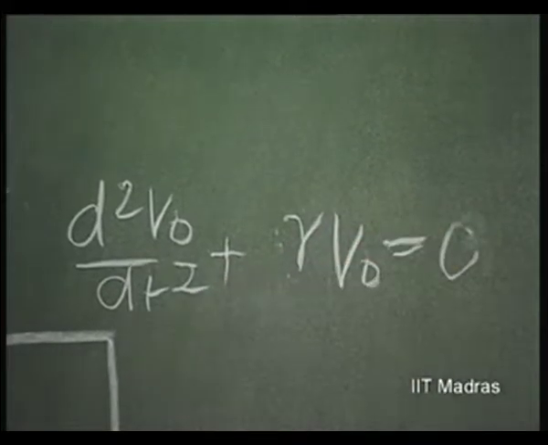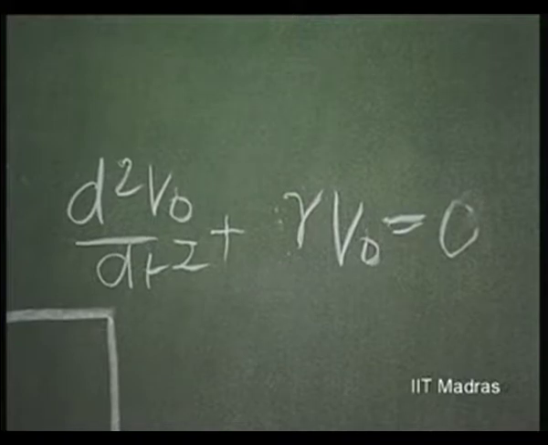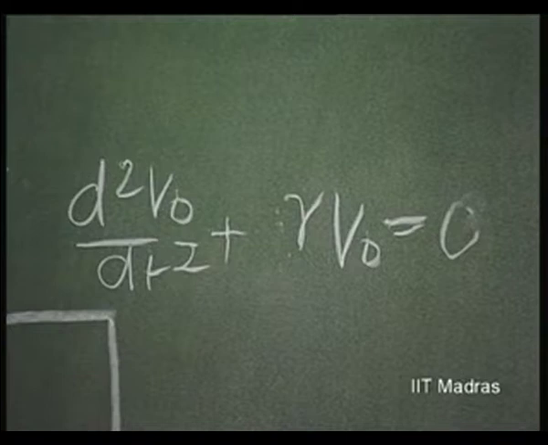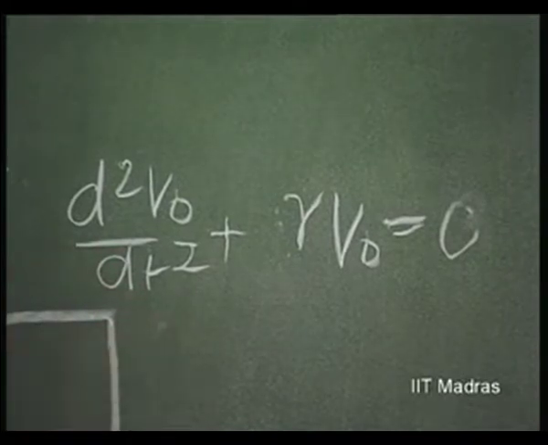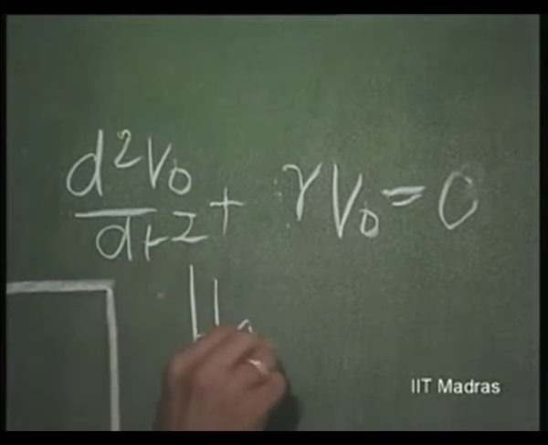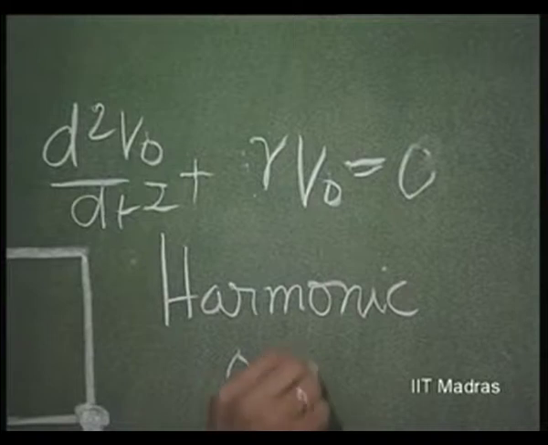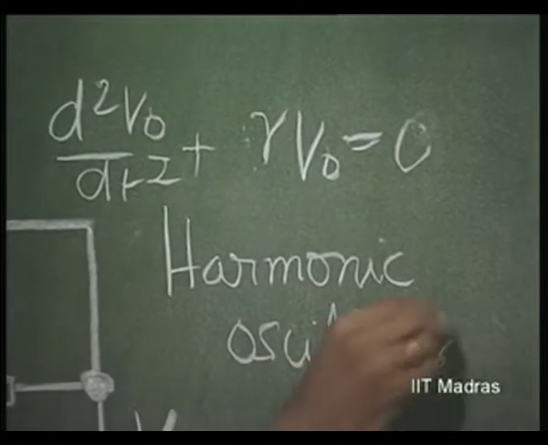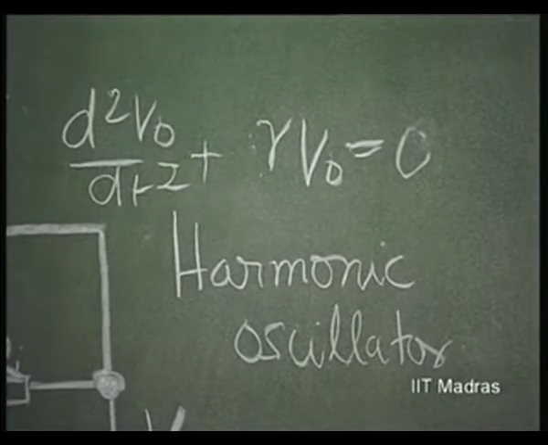So, this is a second order system which is that of the harmonic oscillator. When the dv naught by dt term is absent, this is called a harmonic oscillator. It can by itself, without any input, give an output at a certain frequency called resonance frequency.